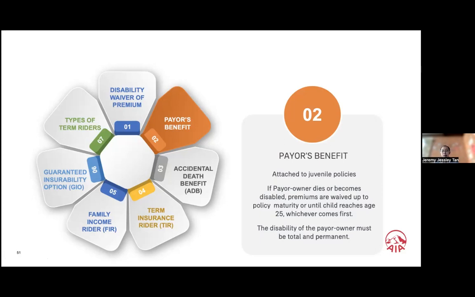Okay? Hindi pa siya adult, below 18, yung insured. Insured, not the payer. Okay, so since minor yung insured, it means hindi siya nagbabayad kasi wala pa siyang capacity to pay. So ang iba yung nagbabayad, iba yung insured. Okay? Insured is yung covered.